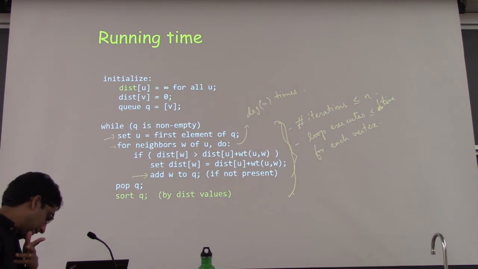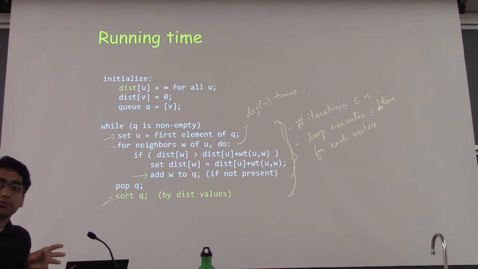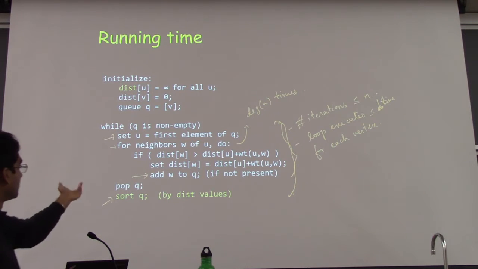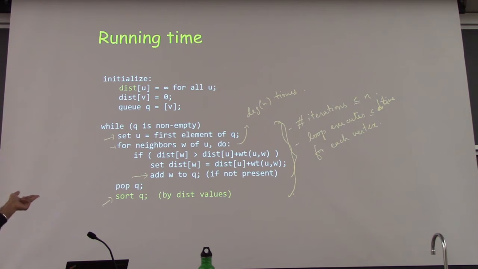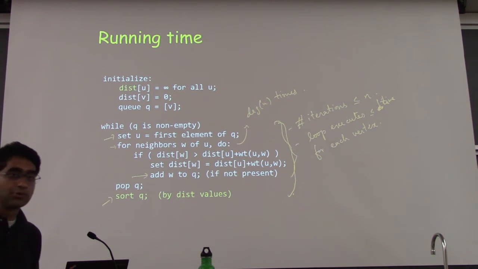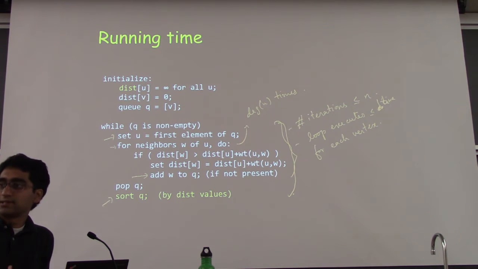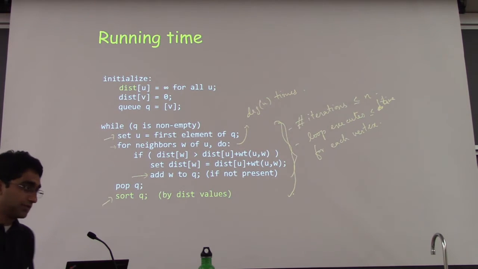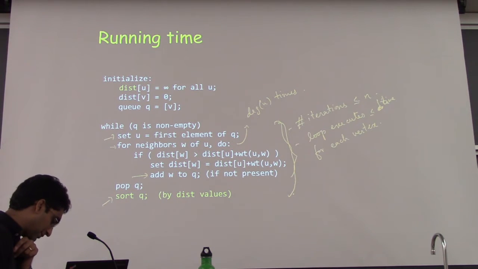But note that there is this weird step of sorting the queue. And this is unfortunate, right? This will take n log n steps, where n is the size of the queue. And this is bad for us. So this sorting is unfortunate.